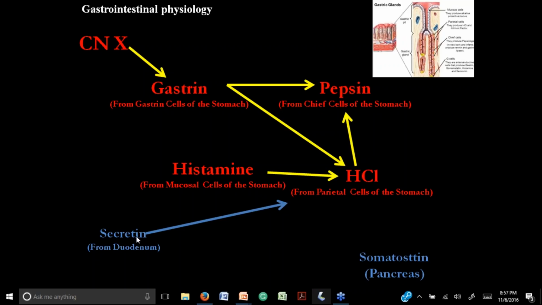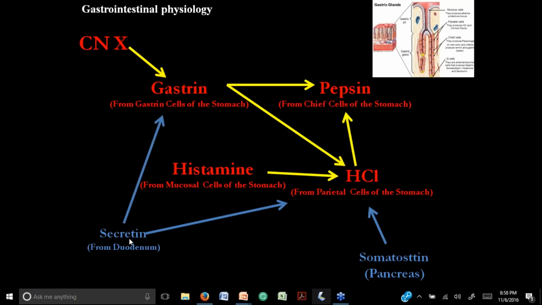In this case, secretin increases the secretion of pancreatic juice and decreases the secretion of gastric acid in the stomach. The somatostatin is going to do the same. It's going to secrete more substance from the pancreatic juice and it's going to inhibit the gastric acid.